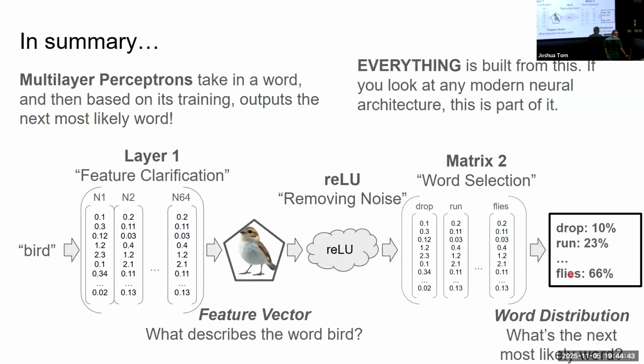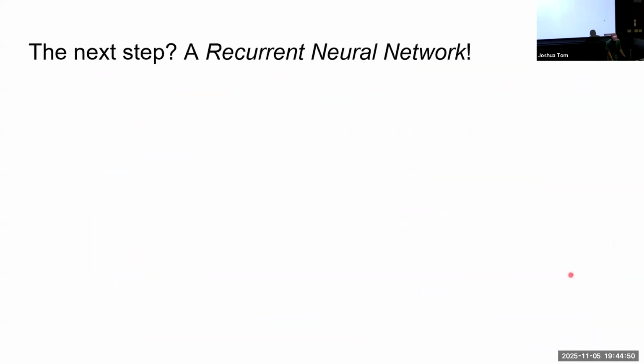That's literally how all these neural network architectures work. And they just add like 100 more layers, and, oh yeah, I'm actually going to show you guys those. Okay, so we have an MLP and it's able to predict things properly, kind of.